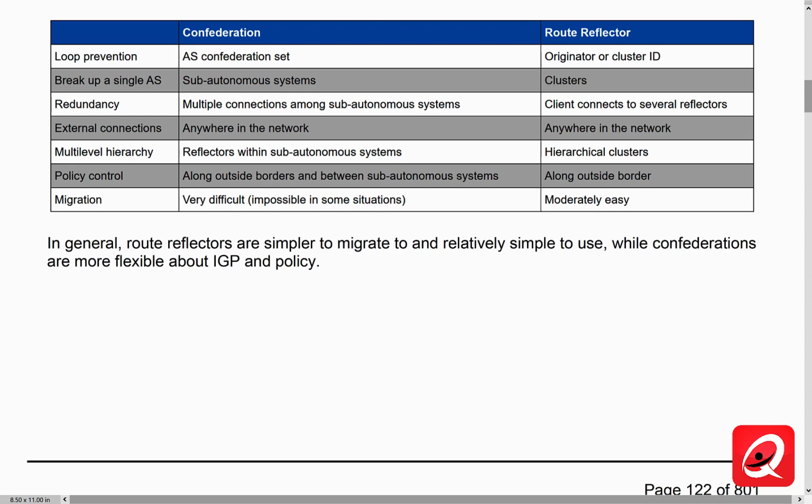With confederations, we would implement the sub-autonomous systems with nested reflectors inside of them to get that hierarchy. In route reflector technology, we might have a primary route reflector that points to a secondary route reflector that points to a tertiary route reflector, and we can have that nested hierarchy in that regard.